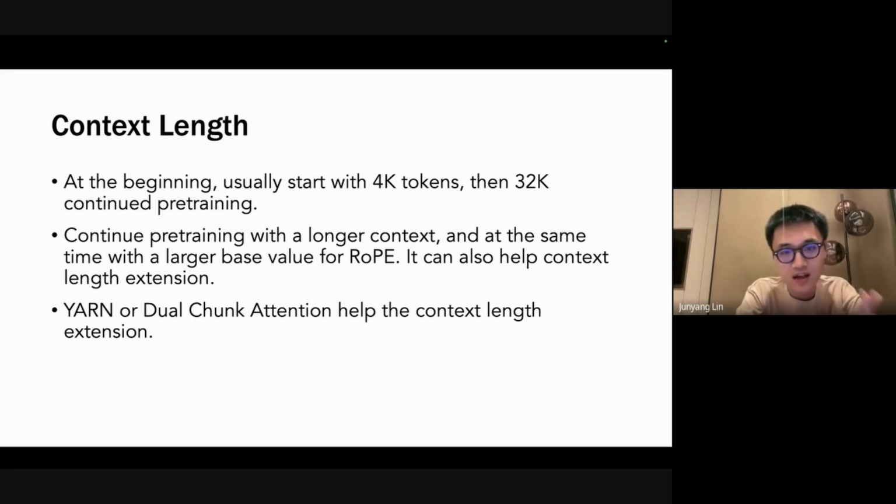And for the context extension, it is not that difficult, but you need to do it carefully. For example, you remember that previously people were pretraining the model with 2,000 tokens, not a larger context. We have tried comparing 2,000 and 8,000. 8,000 will achieve significantly worse performance.